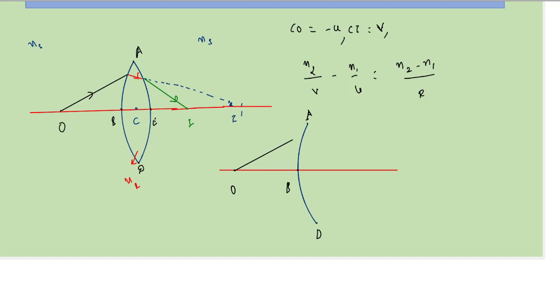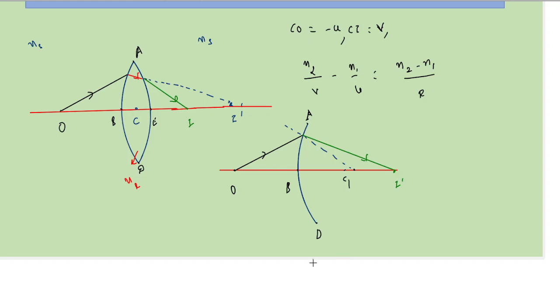So light falls on this surface ABD, and the center of curvature for this first sphere is somewhere here. If we draw normal from this point, this would have been the normal from this point. So, to the center of curvature, the light ray would bend towards normal, and finally somewhere here we get the image, and this point would be I dash.